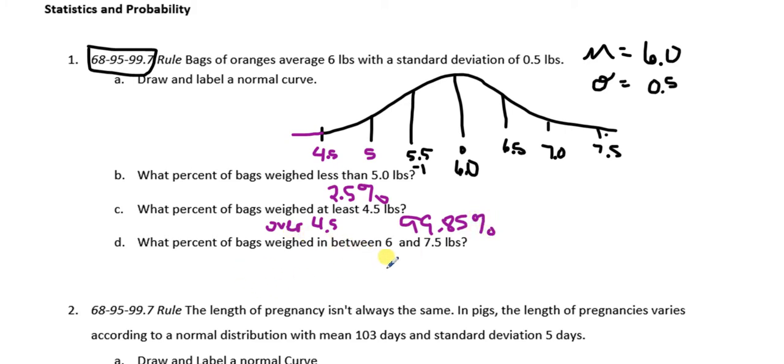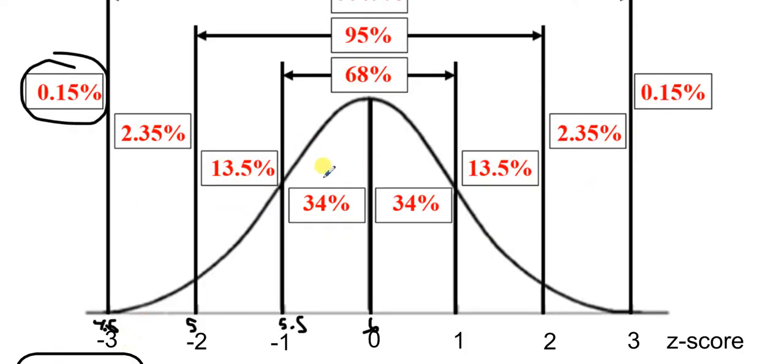And what percent of bags weighed between 6 and 7.5? So we're between 0 and 6 and between 6 and 7.5. So we're at 1, 2, 3. Between 0 and 3 standard deviations, we got 34 plus 13.5, and we're right here, 0 to 3, 13.5 plus 2.35.